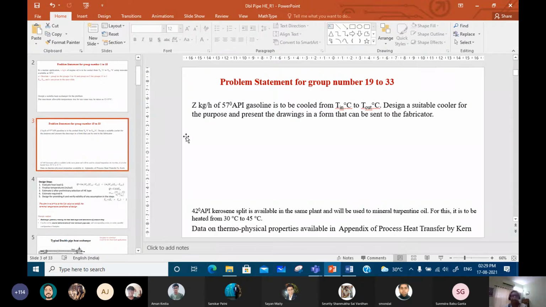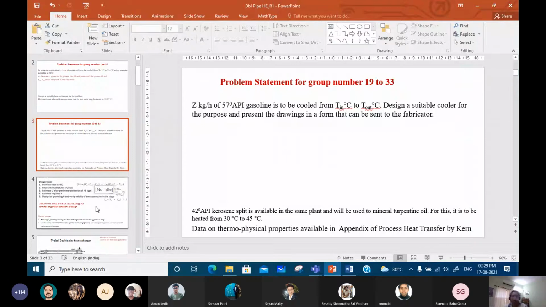So definitely this problem, unless I give you a specification of the maximum allowable pressure for the tube and shell side, the problem is incomplete. So definitely Dr. Jana is going to upload the completed problem, and you are going to get it after we finish our discussions. Right. So this problem is given.